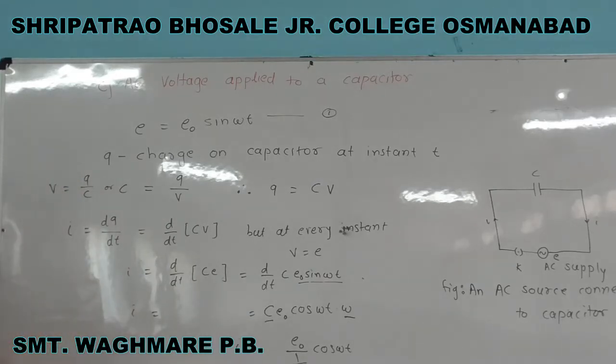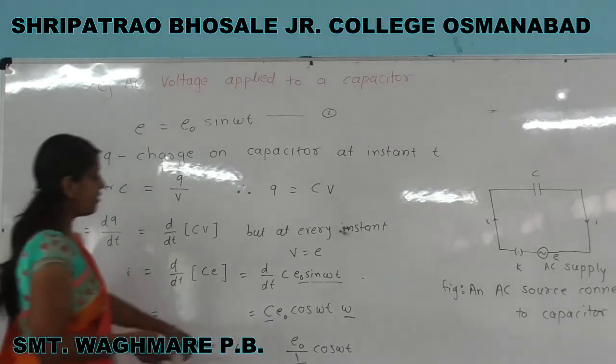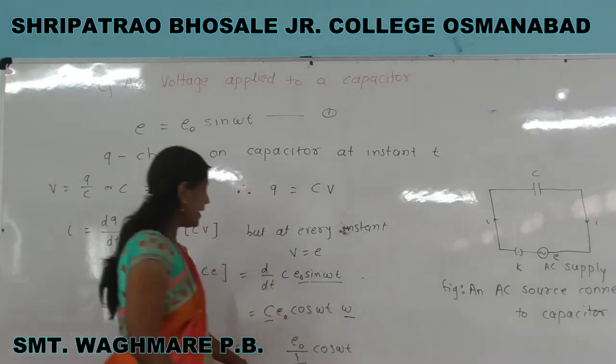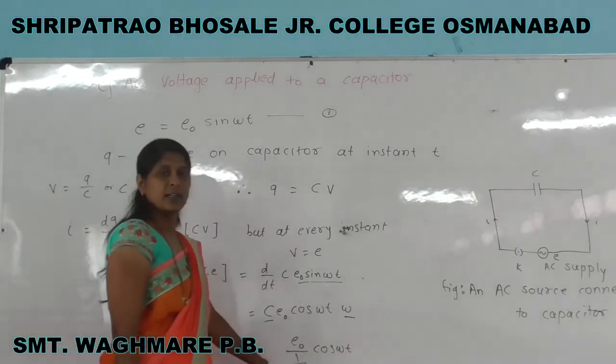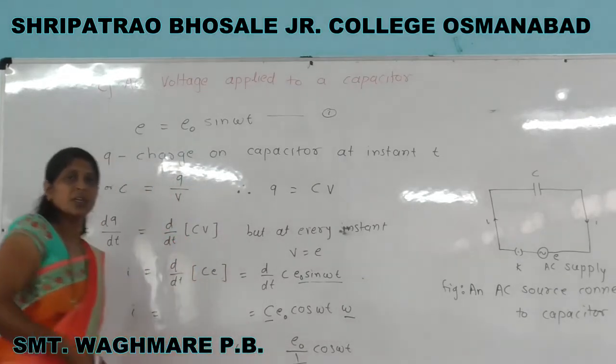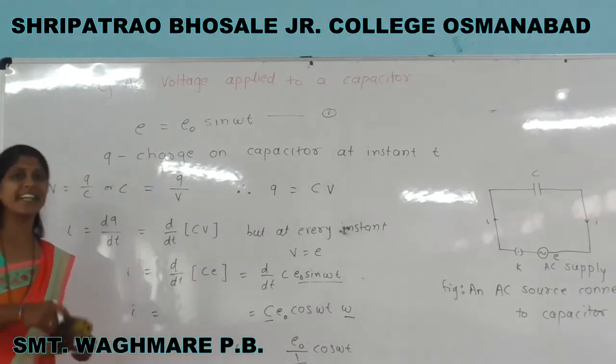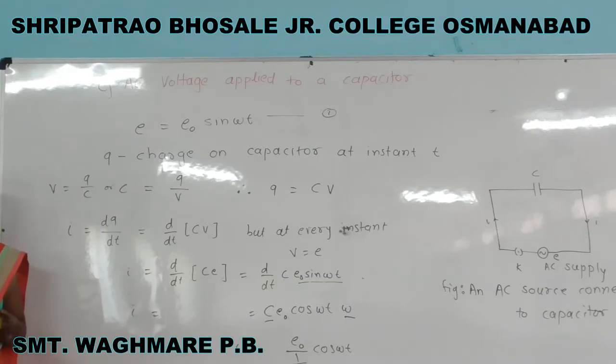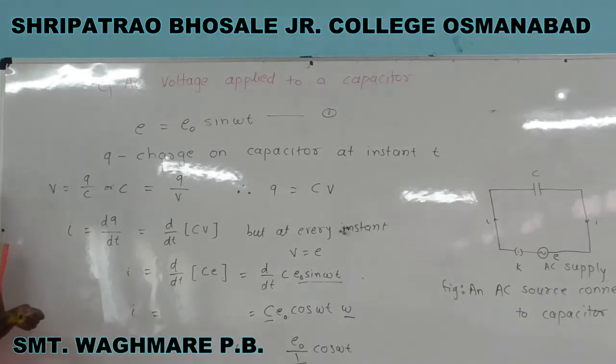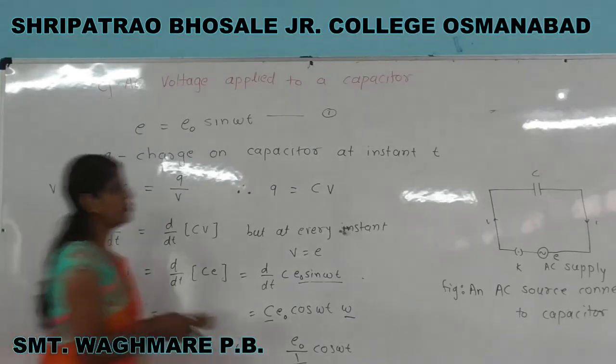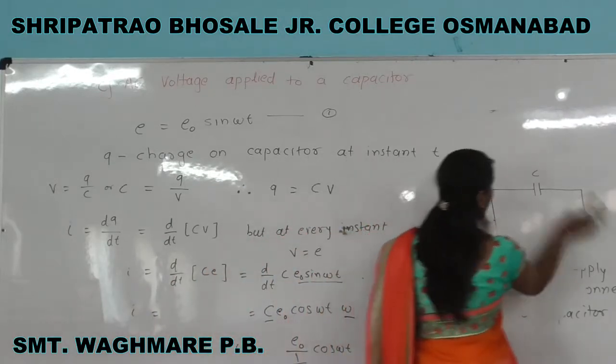Instead of cos omega t, we can also use the formula cos x is equal to sin of x plus pi by 2.